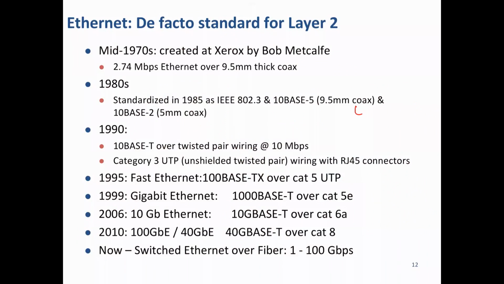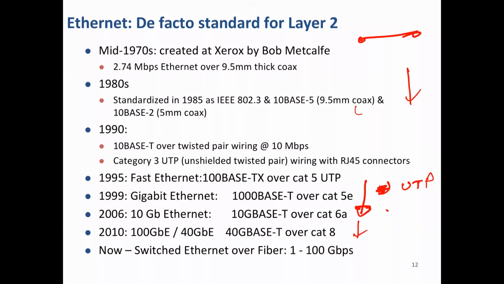So this is the evolution of Ethernet. It started, as we said, from something called thick Ethernet, which we studied earlier, and then now note that this is unshielded twisted pair, UTP, and as it improved, the speed also improved.